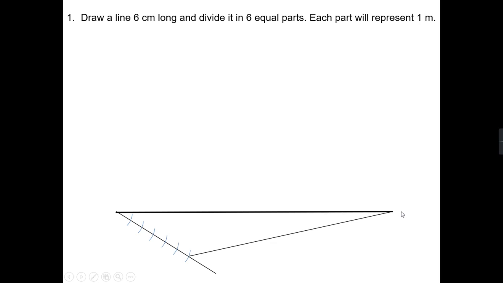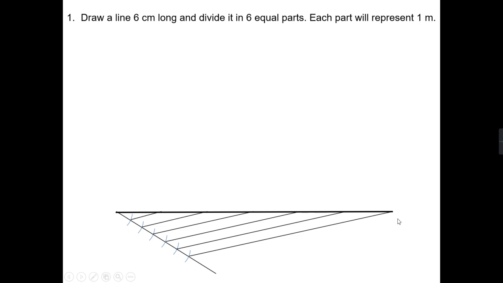Then I will draw the parallel lines that will pass through the other 5 points, like this. So in this way, I will cut the main line into the 6 equal parts.